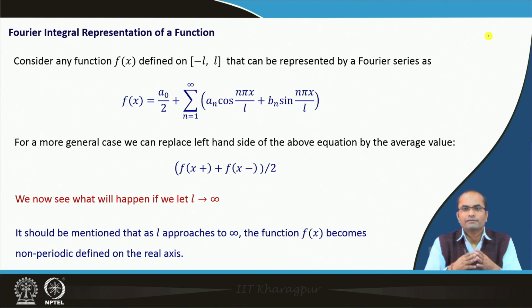If L is finite and the function is given in minus L to L, then the Fourier series will converge to a periodic function, and in one period it will be exactly the given function in the range minus L to L. But if we let L go to infinity, then naturally this is not going to be periodic anymore.